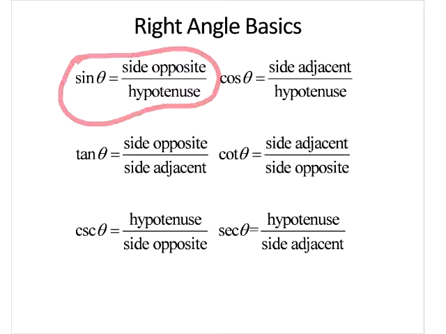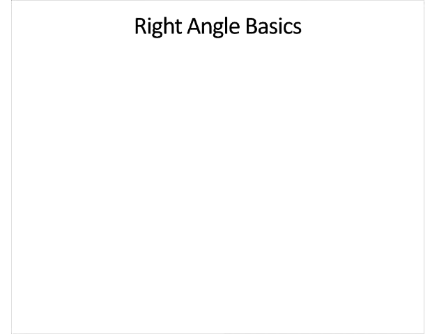Let's go immediately to an example and see how we're going to put these things into use. All right, let's say I have a nice triangle here. Say it's a right triangle. Call this angle theta. And let's say I'm told that the two legs are 15 and 8.